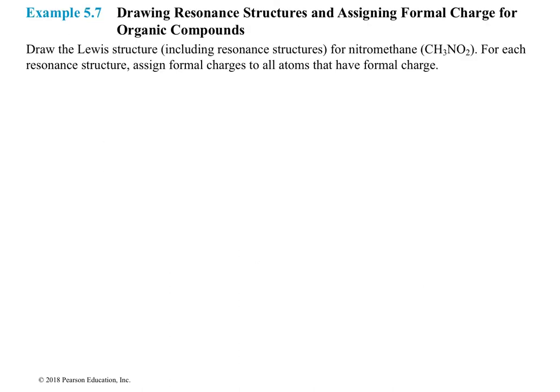Okay, now we're going to draw the resonance structure for nitromethane. We'll assign formal charges. So we have 4 valence electrons from carbon, 3 from hydrogen, 5 from nitrogen, and 12 from oxygen. So that gives us 7, 12, 24 valence electrons. This skeletal structure looks like this. Valence electrons here: 2, 4, 6, 8, 10, 12, 14, 16, 18, 20, 22, 24.